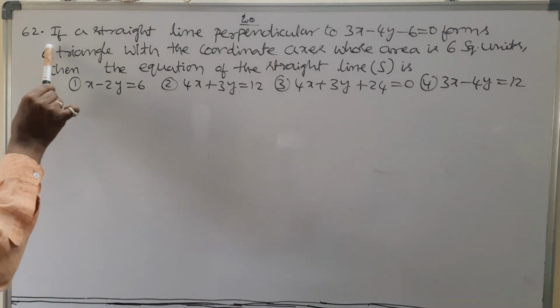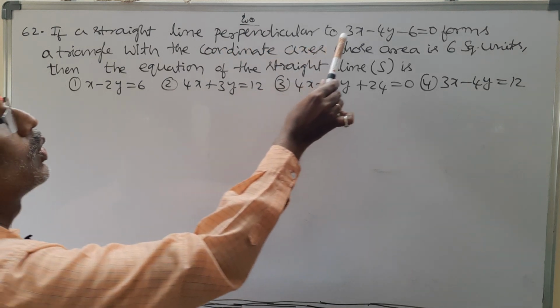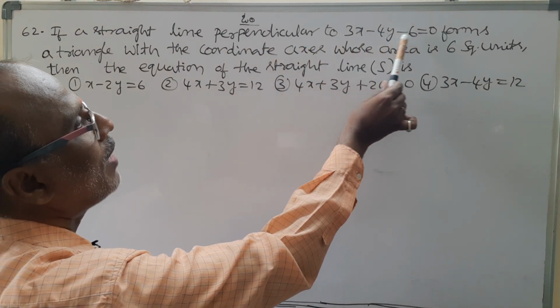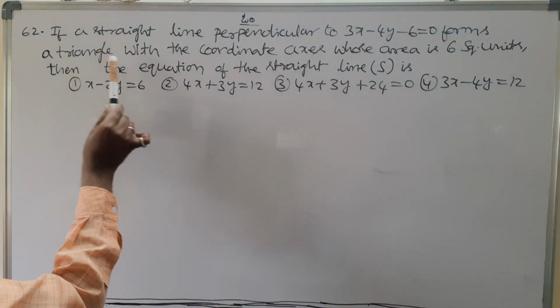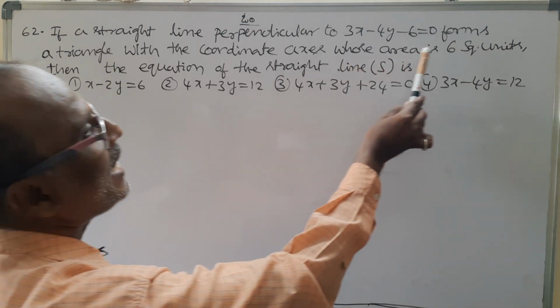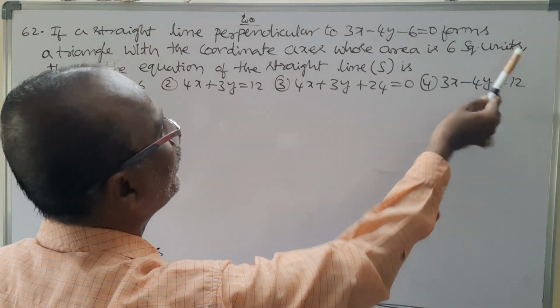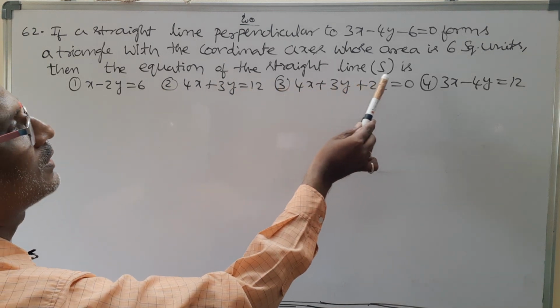Question number 62. If a straight line perpendicular to 3x minus 4y minus 6 equal to 0 forms a triangle with the coordinate axes whose area is 6 square units, then the equation of the straight line.